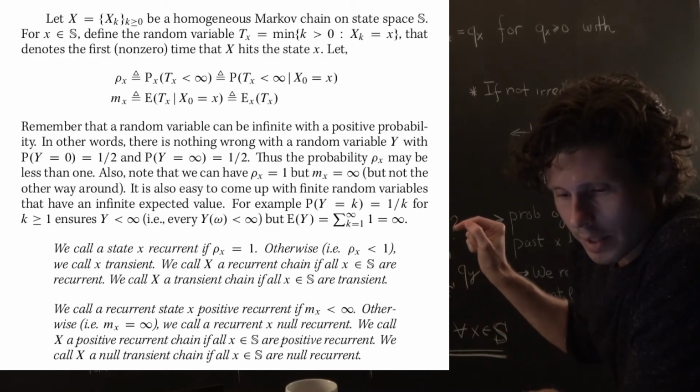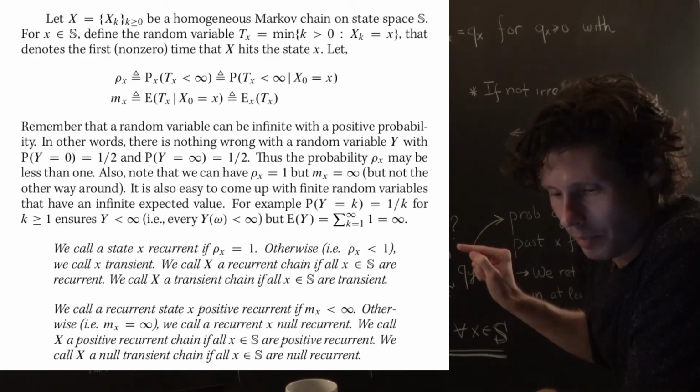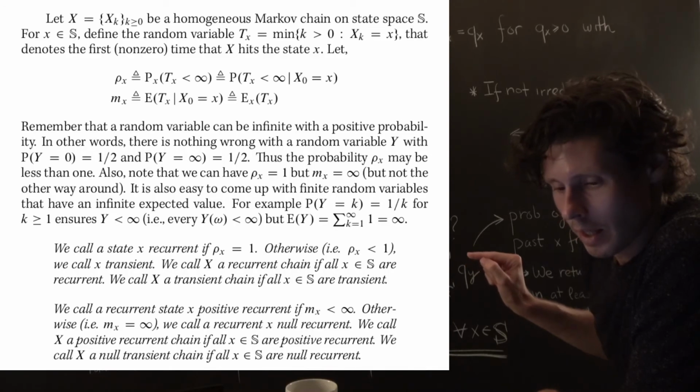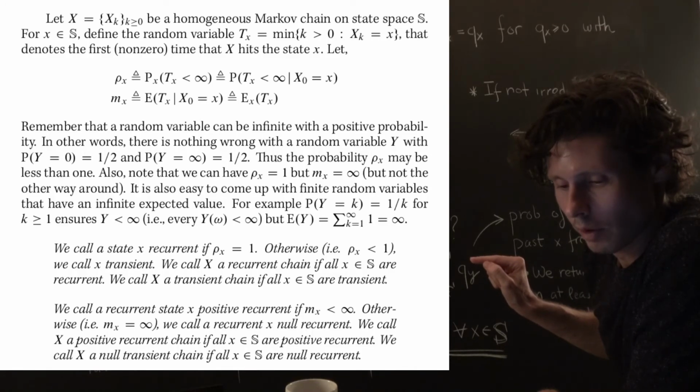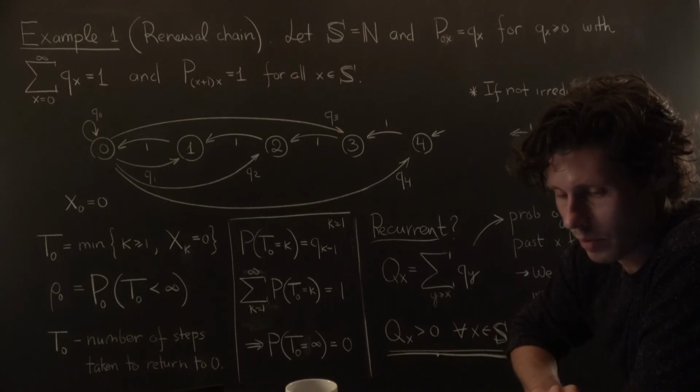When a state x is recurrent, and otherwise it is transient, so that part is true, but be careful not to make the mistake that just because there is a state that's not recurrent, it doesn't mean that all of the states are going to be transient. And the reason is that we've broken irreducibility here.